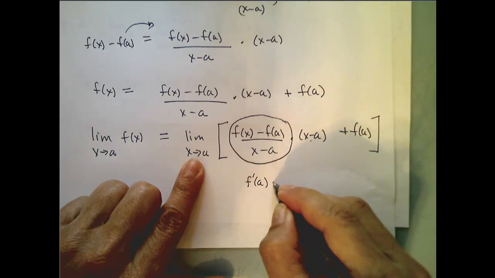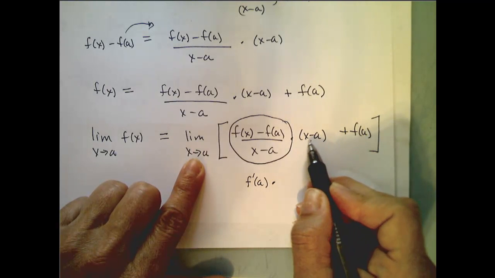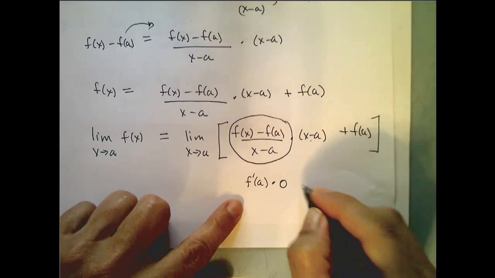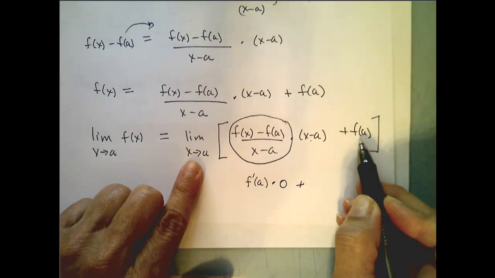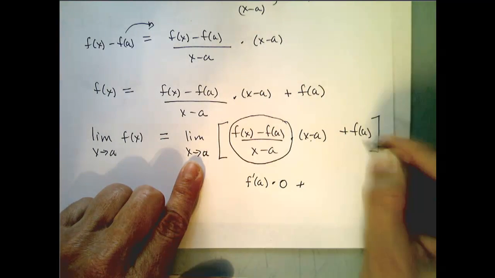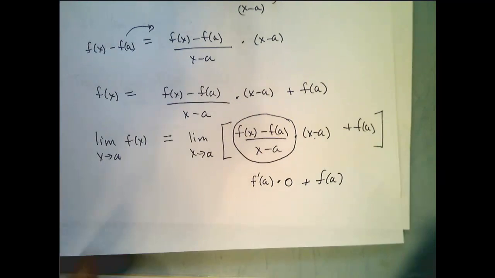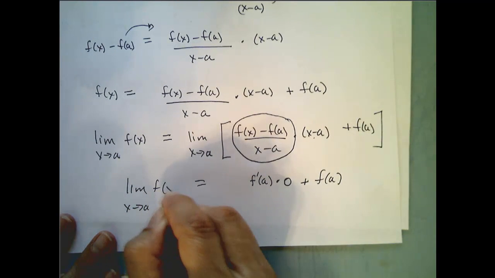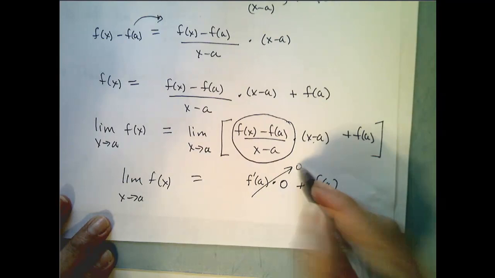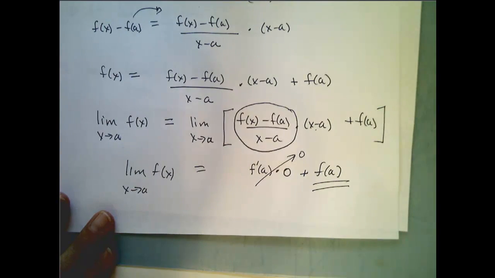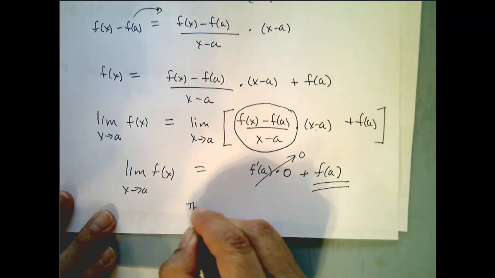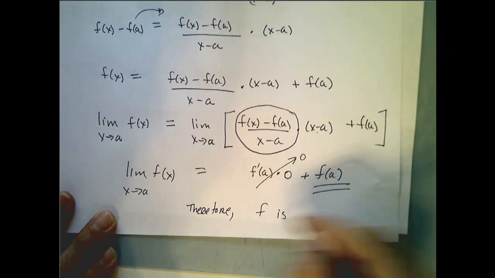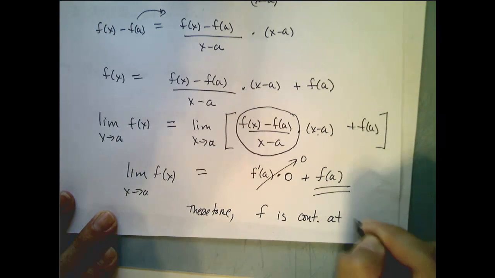This other piece, as x approaches a, I can do direct substitution: a minus a, which is 0. Plus, the limit as x approaches a of a constant is just that constant. So the limit as x approaches a of f of x equals, that goes to 0, f of a. And that's the definition of continuity. Therefore, f is continuous at a.